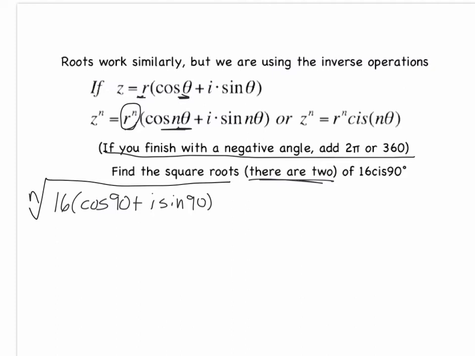And in this case, if I'm doing the square root, that n is just a 2. We don't usually write the 2 out front, we just write it as a square root, but you could. So then I'm just going to take the plain old square root of that number out front, whatever it might be. And then inside, I'm not going to take the square root, I'm not going to multiply, I'm going to take that old angle divided by 2 in both pieces.